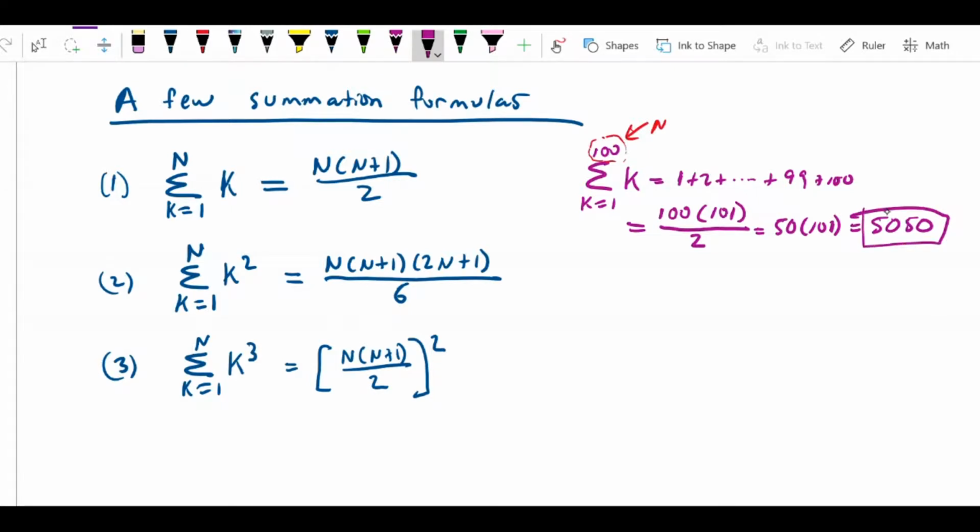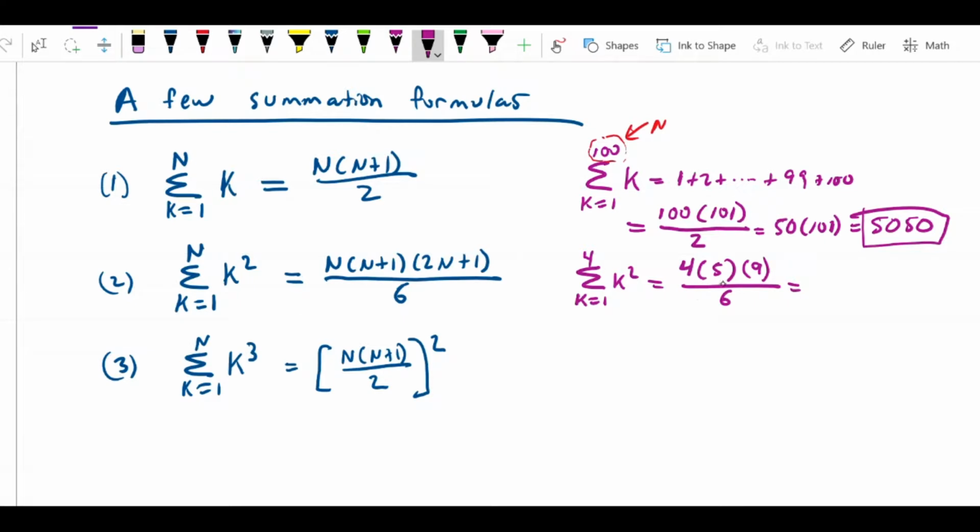There are also formulas for the first n squares and the first n cubes. I'll just do a few examples of those. So let's say k equals 1 to 4. Let's add up the first four squares. This is going to equal 4, because n equals 4, times 4 plus 1 is 5, times 2n plus 1. 2 times 4 is 8, and 1 is 9, so that's 4 times 5 times 9 over 6.